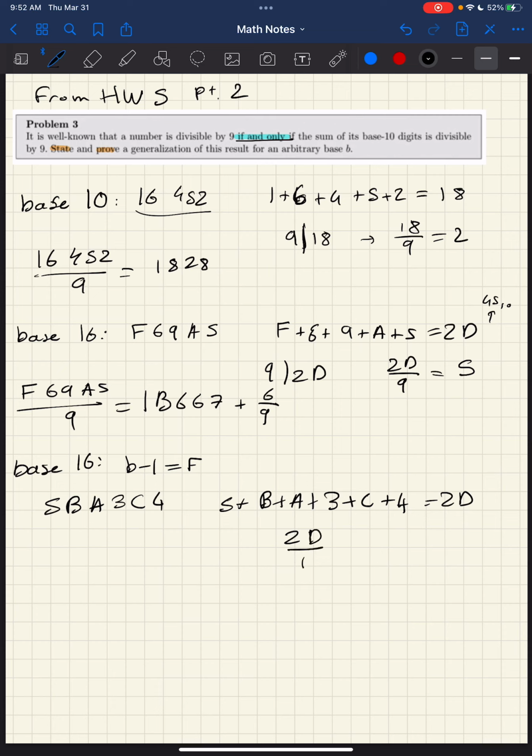And 2d divided by f is 3, which is an integer. So the sum of these digits is divisible by f. And if we check the number, 5ba3c4 divided by f is also an integer, which in this case is 61bfc.